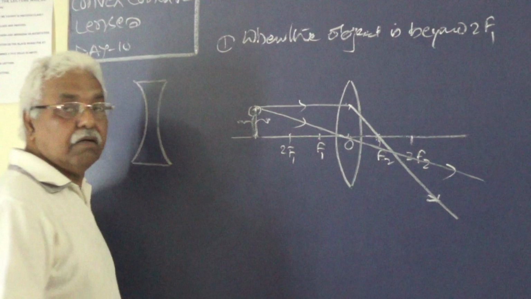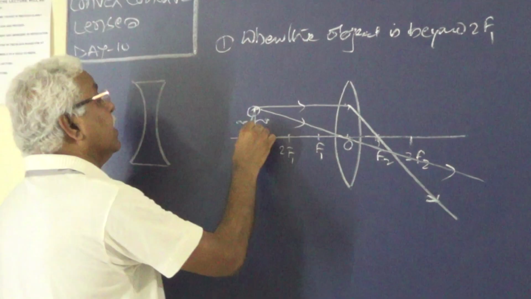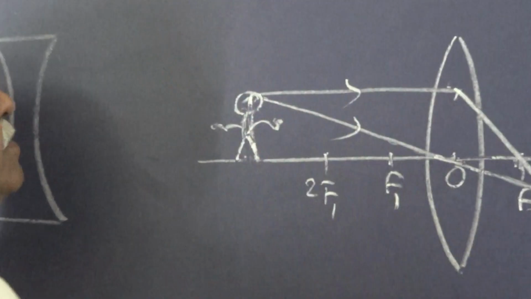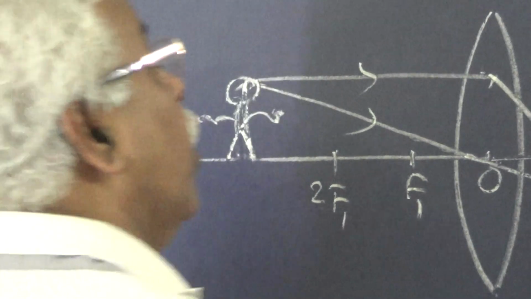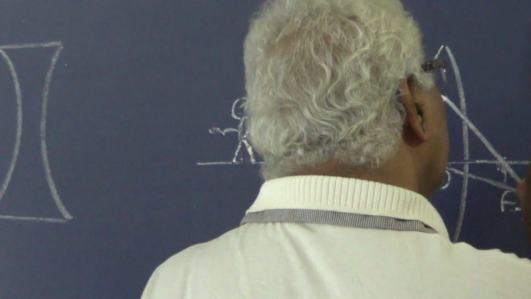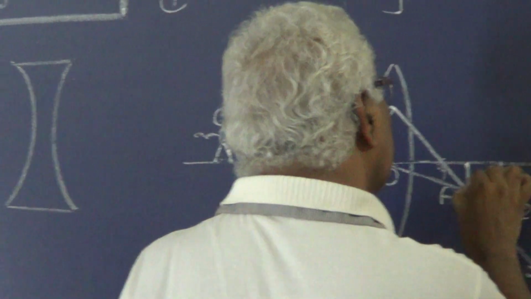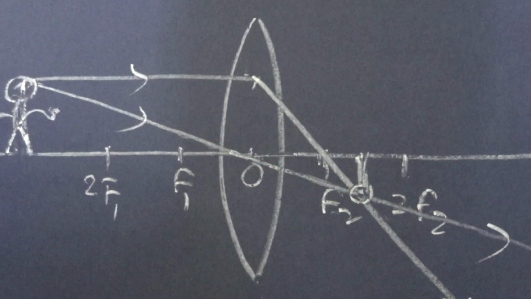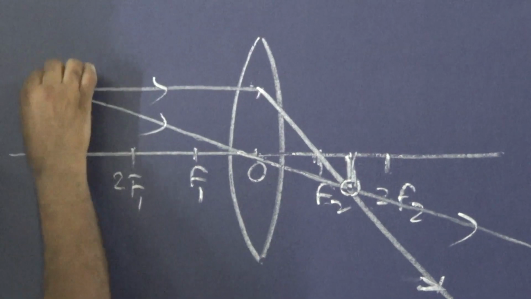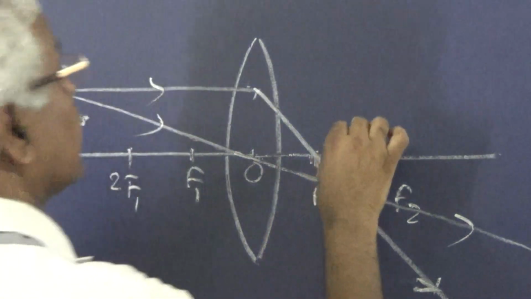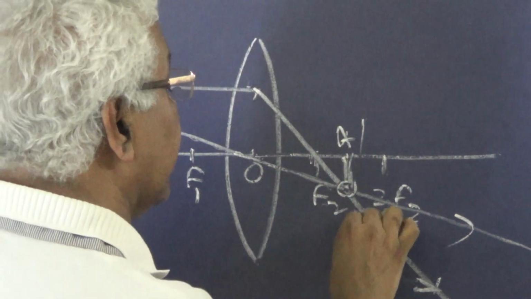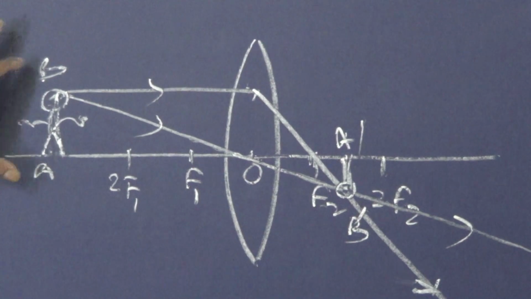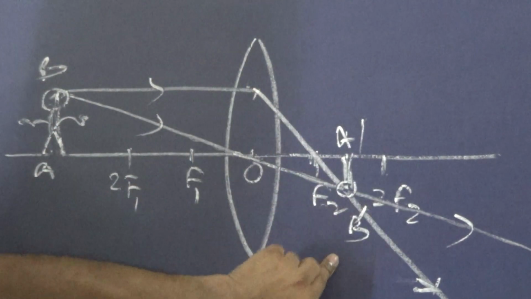Now what will this be, this is my leg part. My leg part is the head. So the image will be formed at this location. And head will be this, and leg will be this. So if the object is A and B, then the image becomes A dash and B dash.